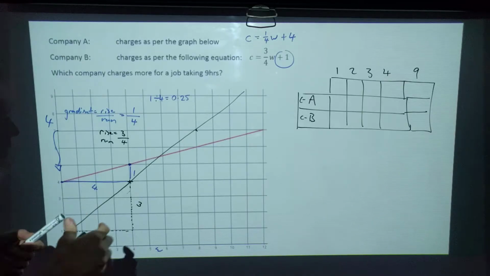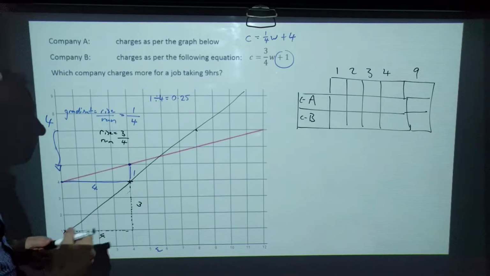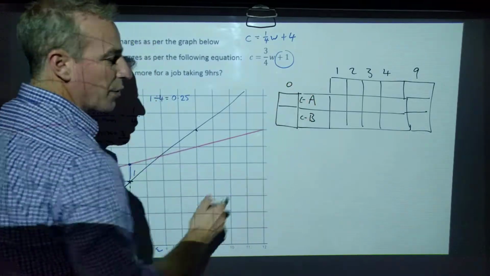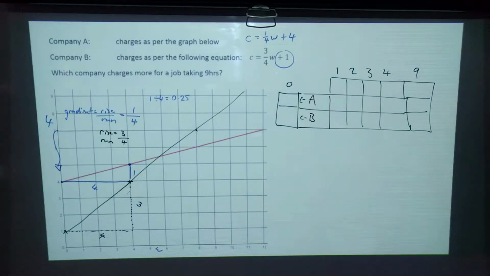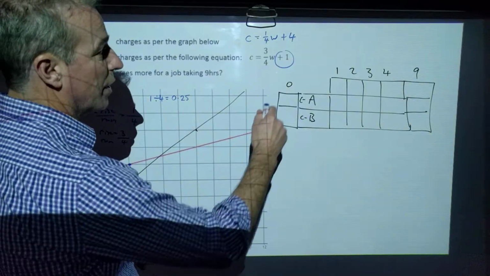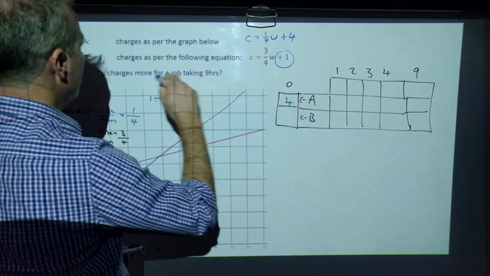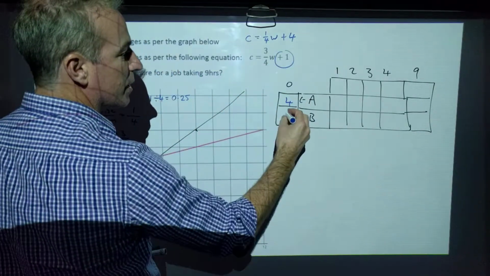So the first thing with the table is we want to have the y-intercept, so I'd make another little column here which counts for 0, and in those ones we're going to place the starting point. So for A we know it starts at 4. For B, we know it starts at 1.